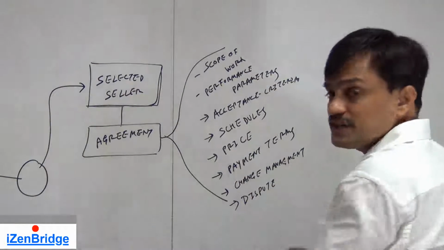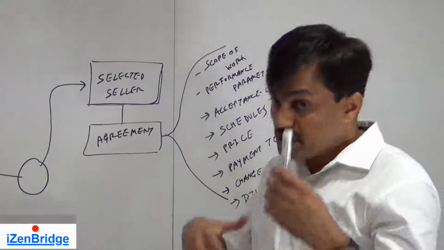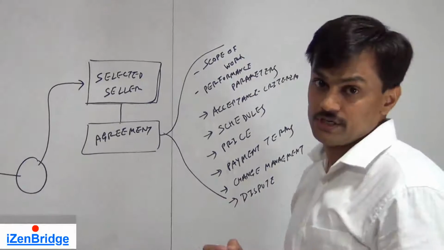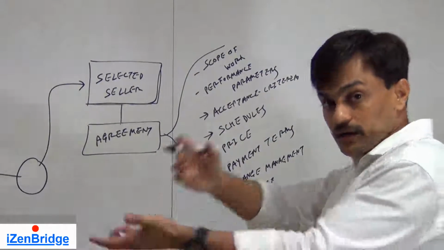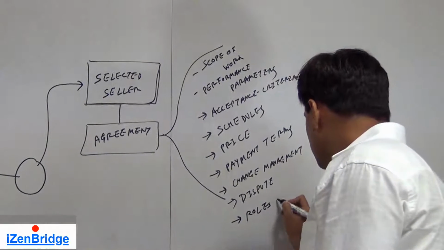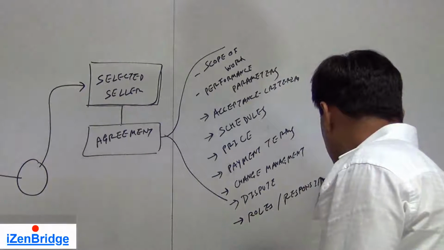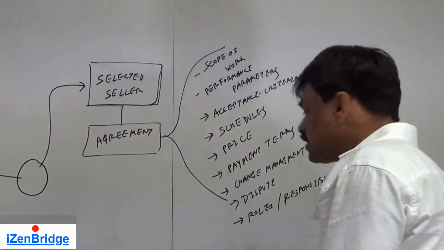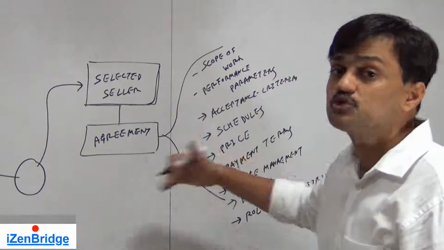So these are some of the details, but it's a legal document, so it should have roles and responsibilities. What is falling under vendor's role, what is falling under buyer's role. So roles and responsibilities. Frequency of performance report, what type of performance report this seller has to submit.